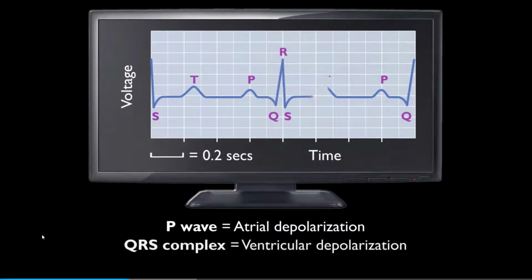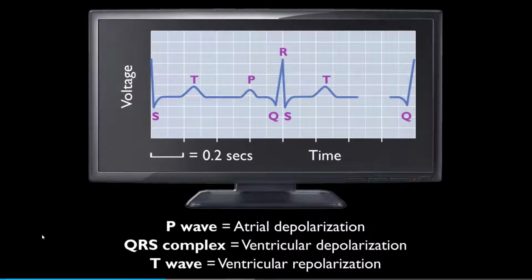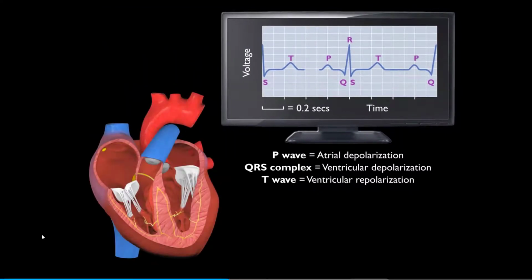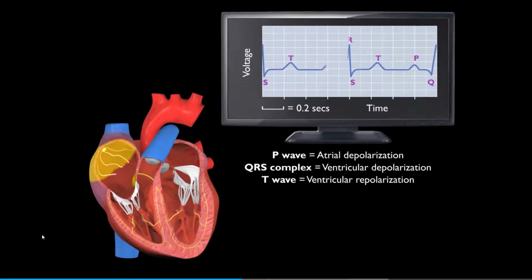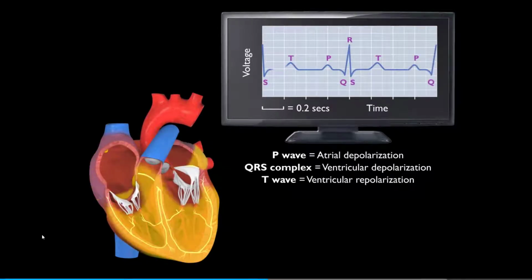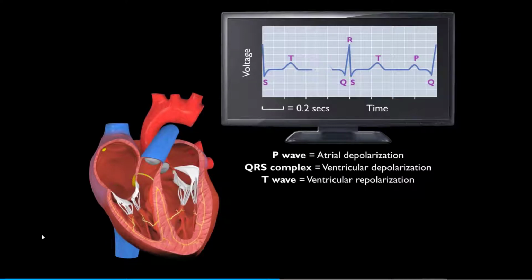The QRS complex is generated by ventricular depolarization, and the T wave results from ventricular repolarization. Repolarization of the atria normally coincides with the QRS complex and is not visible. These waveforms of the ECG precede the corresponding contraction or relaxation of the atria and ventricles.